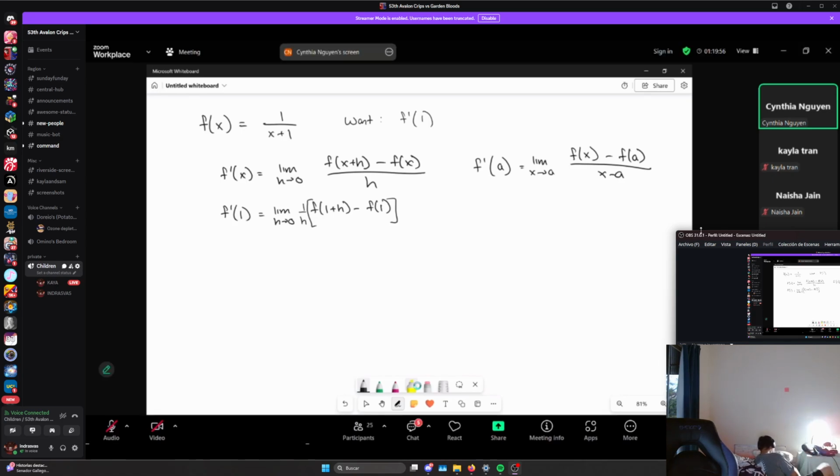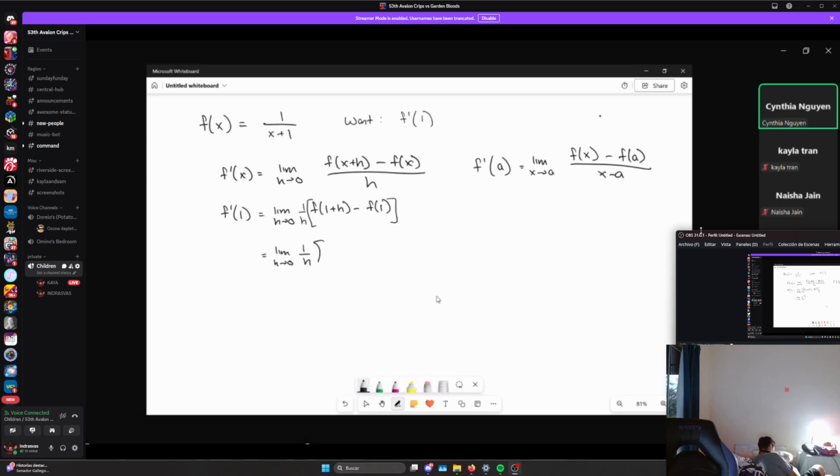and now I'm gonna plug in the functions themselves. So everywhere I see an x, I put 1 plus h in, so 1 over 1 plus h minus f of 1. That would be 1 over 1 plus 1, also known as 1/2.